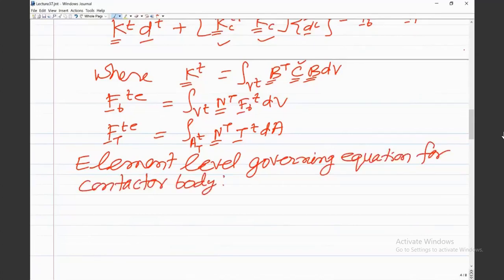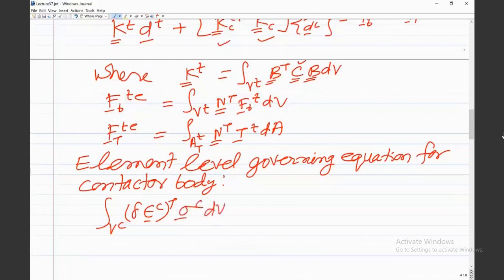So first let me write the virtual work. The virtual work of the stresses is integration of delta epsilon for the contactor body transposed, since both strain as well as stress are written in vector form, 6 by 1 vectors, into sigma c dV.